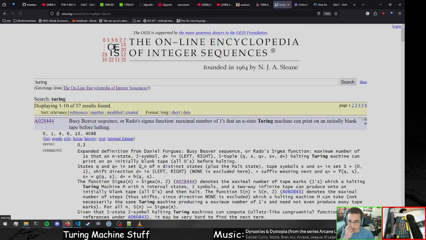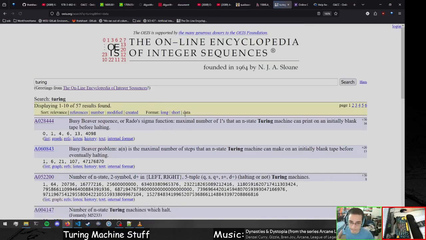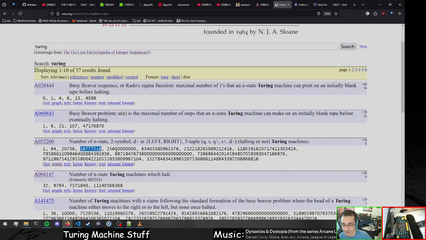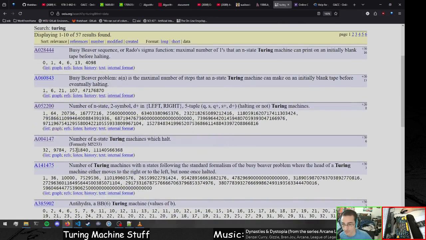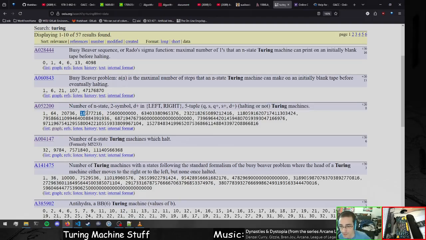Oh my god. Alright. Let's just... Okay, so here is the number of halting Turing machines. So this is 16 million halting or not Turing machines.